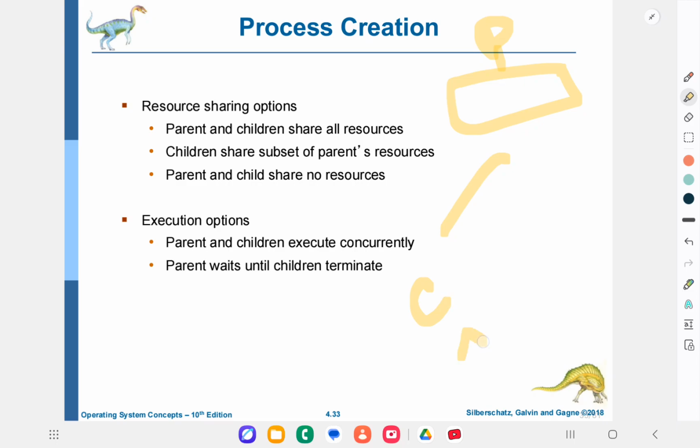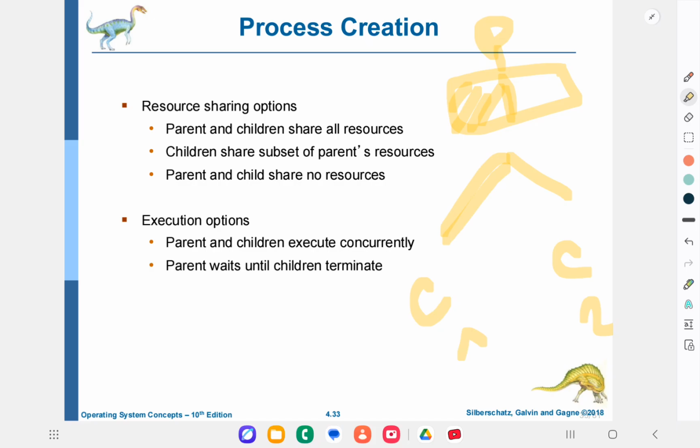Child 1 will operate on this left half, and child 2 will operate on the second half of the table. So I could decide to simply share this subset of the table with child 1 and the other subset of the table with child 2, and so on. So it depends on the application. You get to choose the amount of sharing that's happening between parent and child.